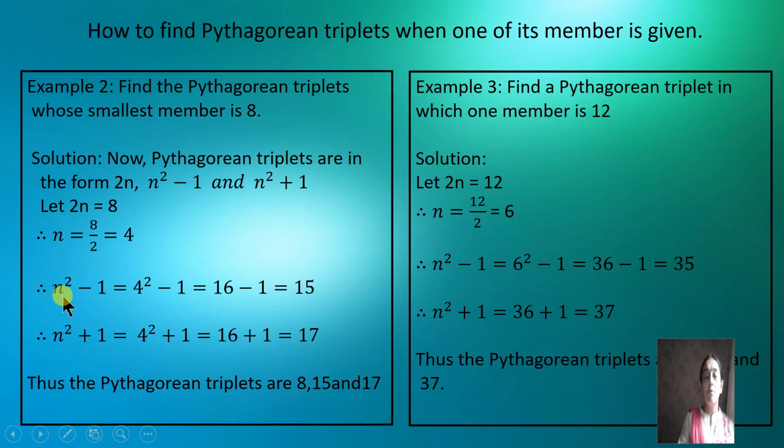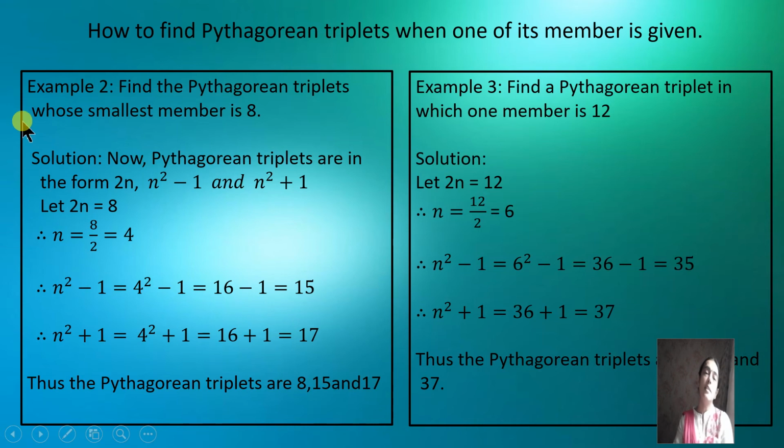Instead of n, I will write 4 square minus 1. 4 square is 16. 16 minus 1 is equal to 15. The next one is n square plus 1. Now, n is 4. So, 4 square plus 1, which is equal to 16 plus 1, that is equal to 17. So, the Pythagorean triplets are 8, 15 and 17. That is the value of 2n, value of n square minus 1 and n square plus 1.